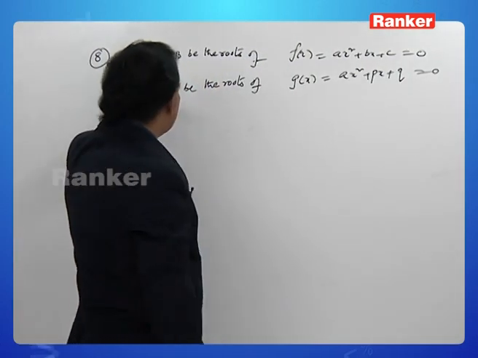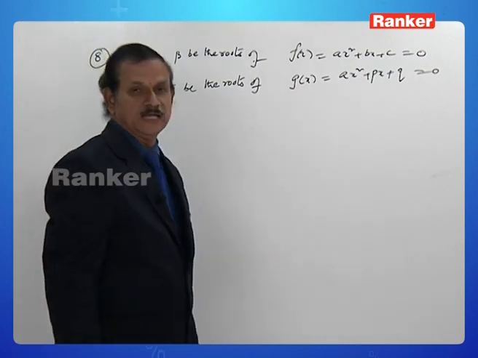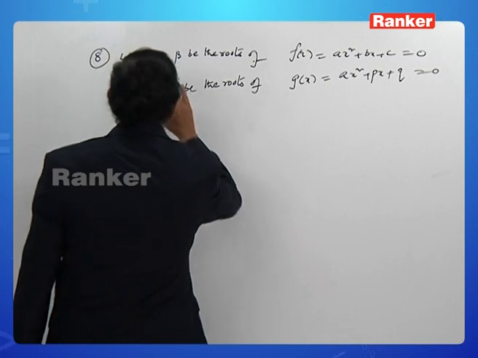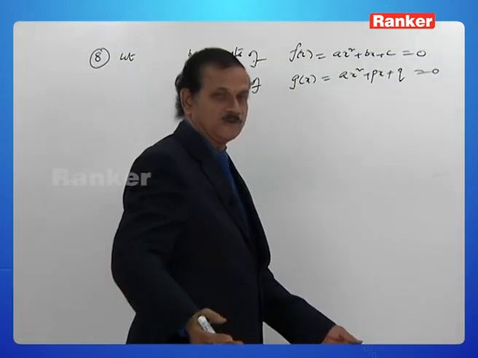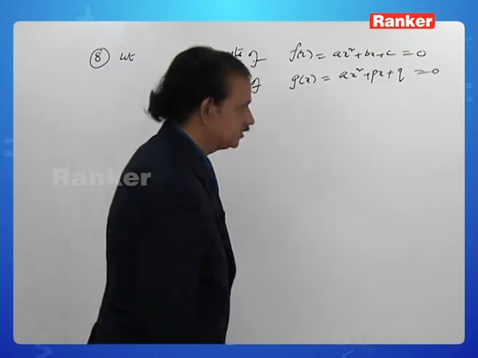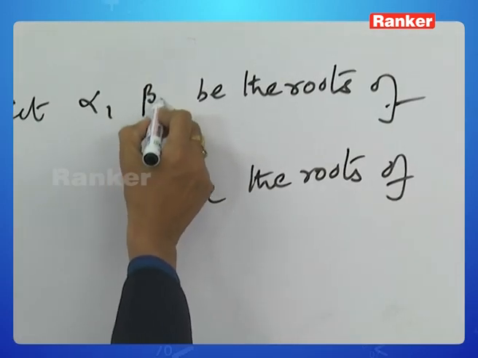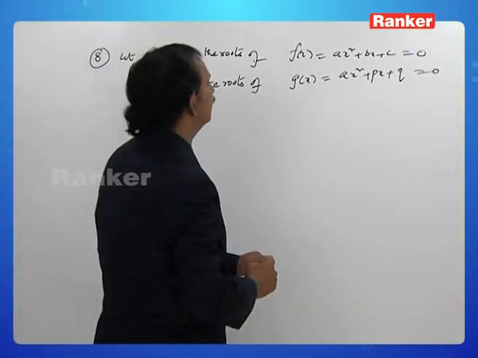From this, alpha plus beta is minus b by a and gamma plus delta is minus p by a. It's very simple. Let me change this name, because in the question itself alpha is given. Let us use a separate name, say alpha 1, beta 1, gamma 1, delta 1 be the roots of those two equations.